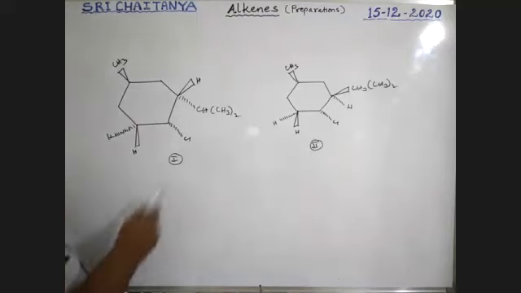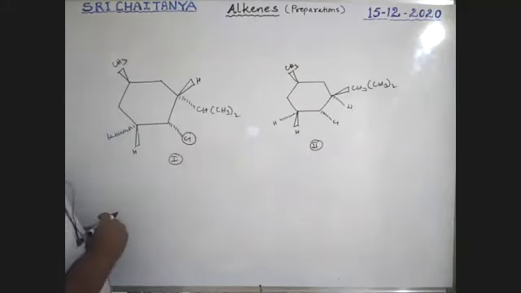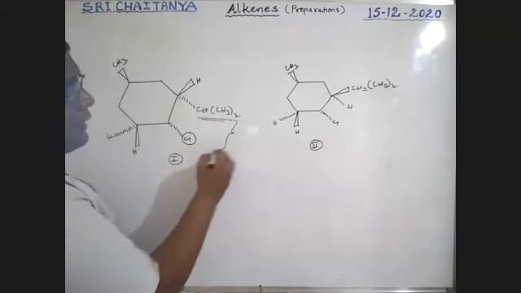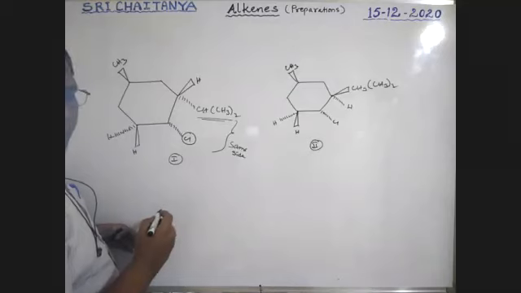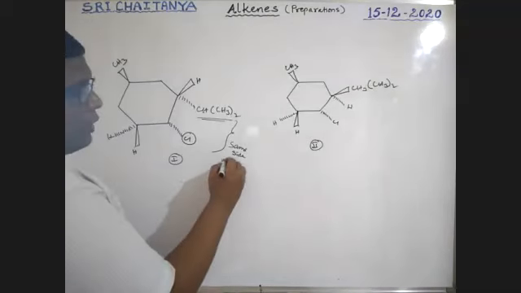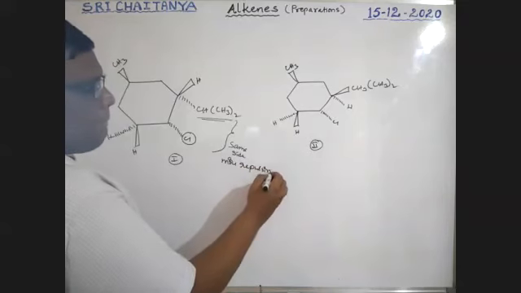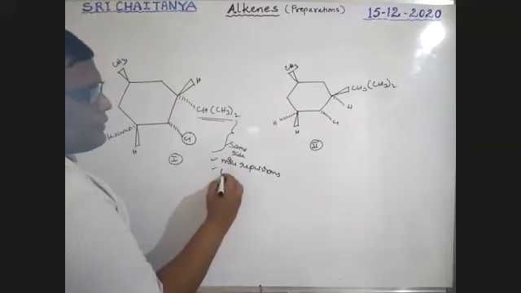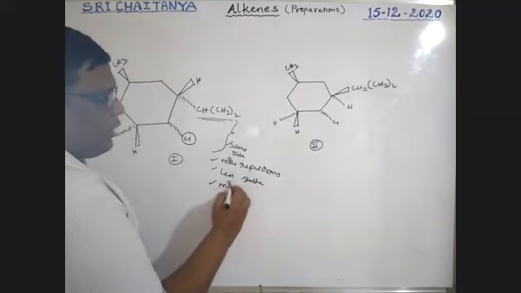See here, boys. This leaving group and this bulky group are on the same side. Therefore, more repulsions are possible. More repulsions means less stability, that means more reactive.